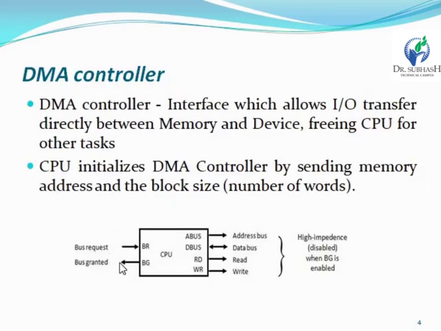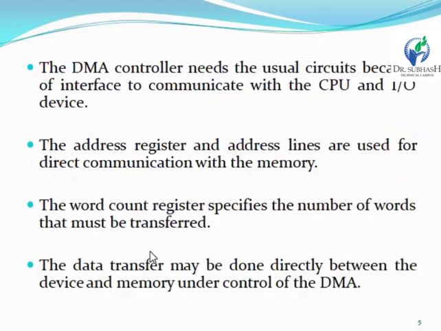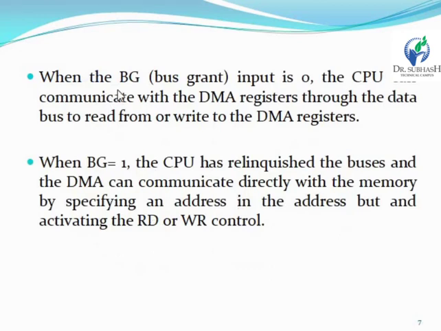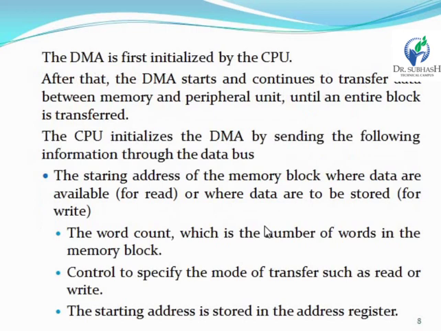Here BR and BG are important: the bus request is provided and the acknowledgement signal BG is returned. When BG is 0, read and write operations can be communicated. When BG equals 1, the DMA specifies the address and activates RD and WR. So this is the DMA controller.